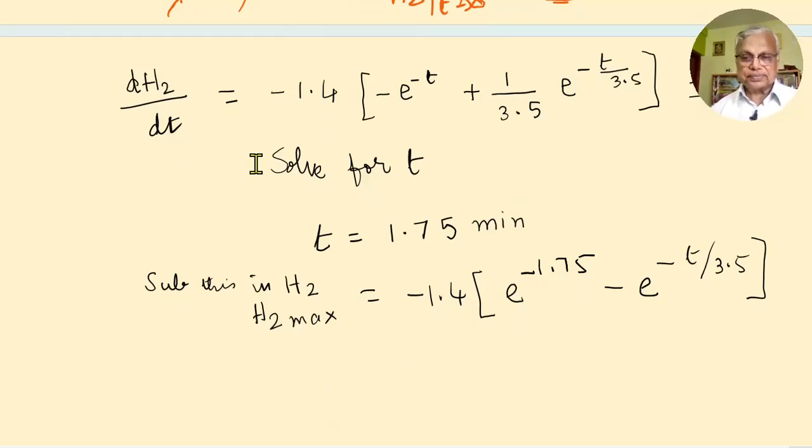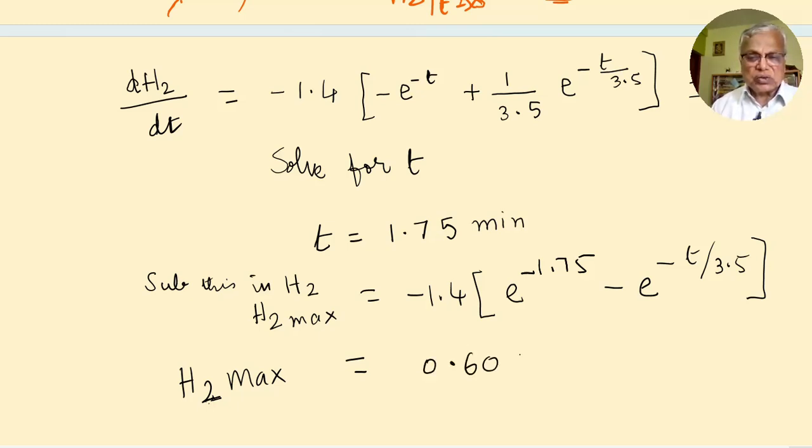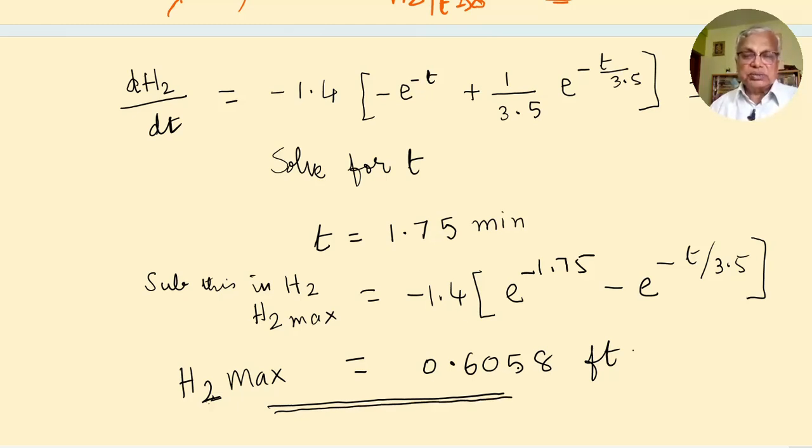This value is 0.6058 feet. So this is the answer: the maximum deviation of the level in the second tank from its ultimate steady state value is 0.6058 feet, and it occurs at 1.75 minutes.